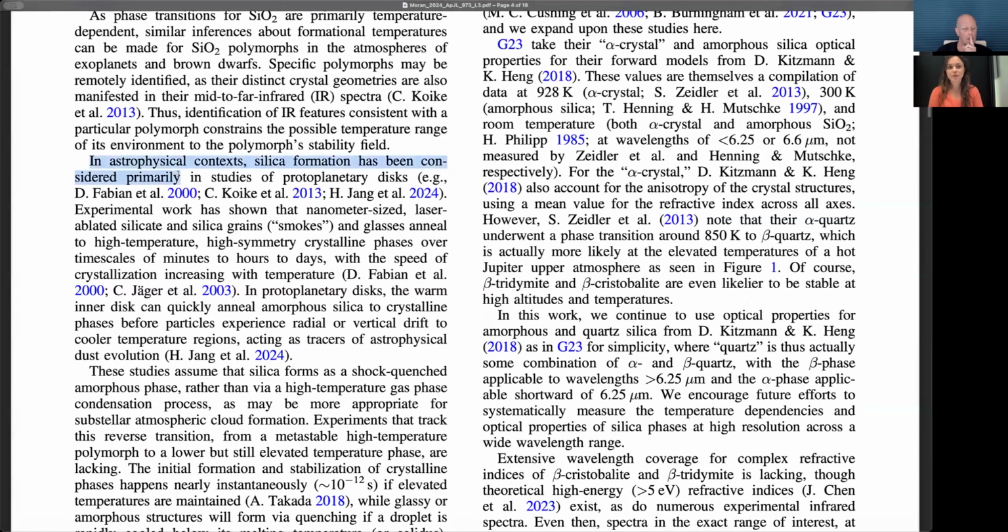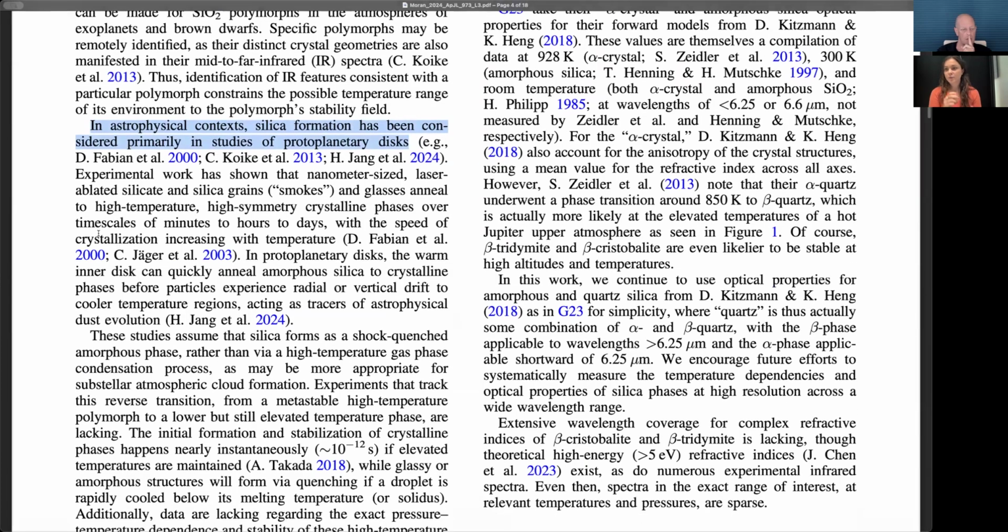And so there's a pretty significant history of laboratory studies looking at these kinds of materials, where they're heating up the materials, testing how long it takes to transition between the different states, and trying to then measure their spectra so that we have this laboratory library of things to compare against.